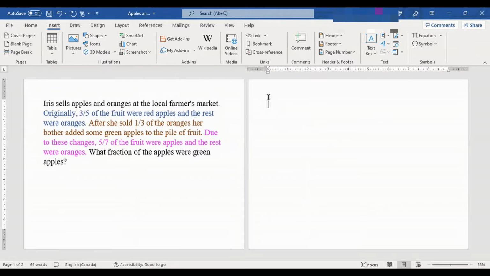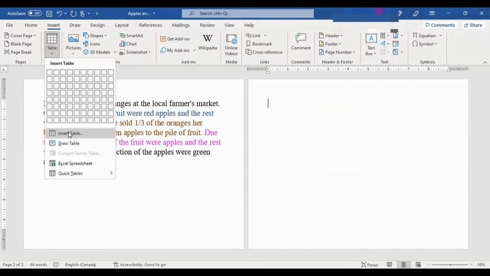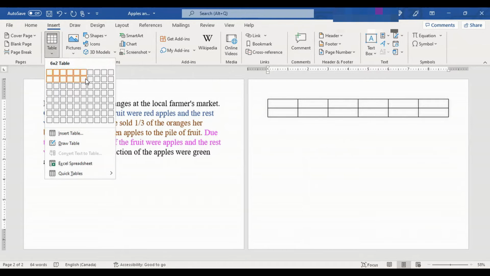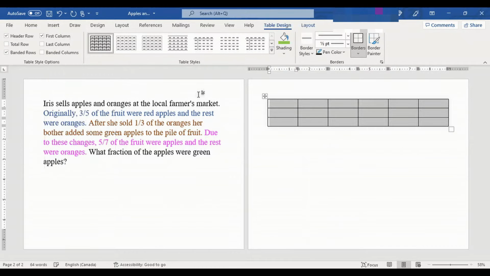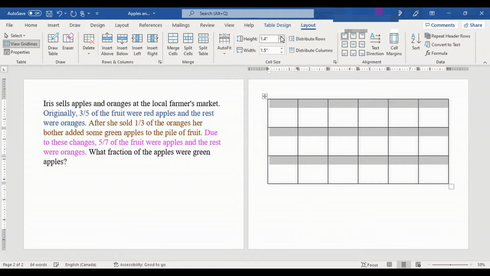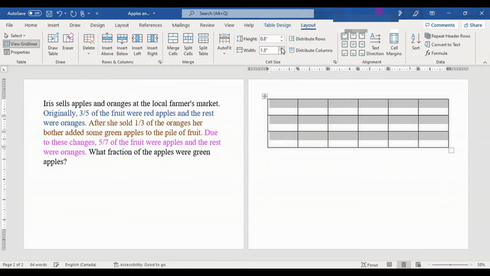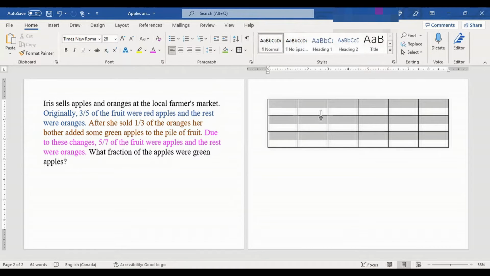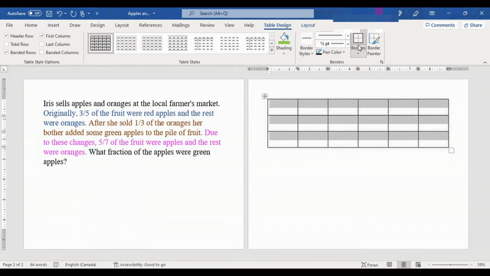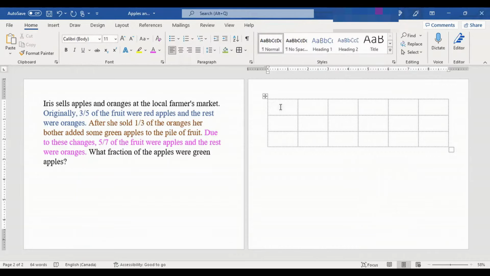Okay, and to do the question, we're going to make a table. There, this section will be for the apples, and this section will represent the oranges of the question.